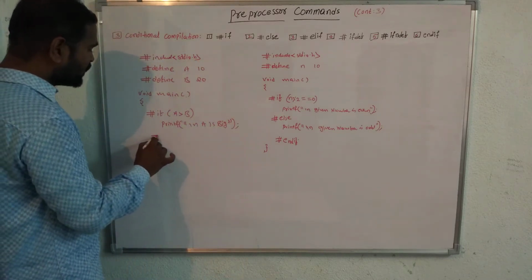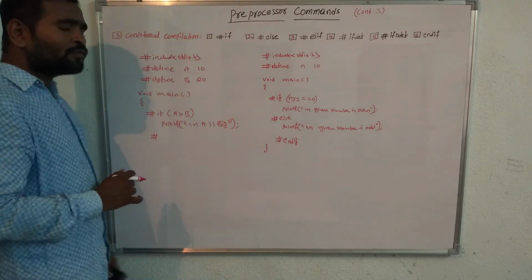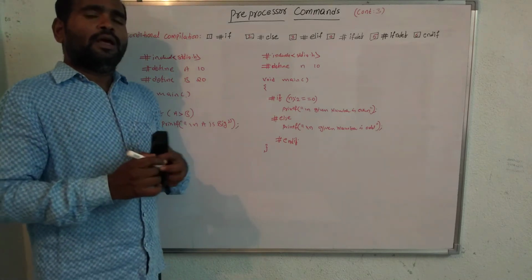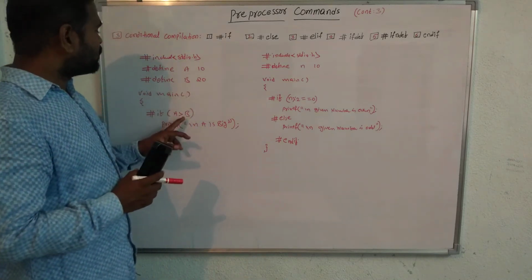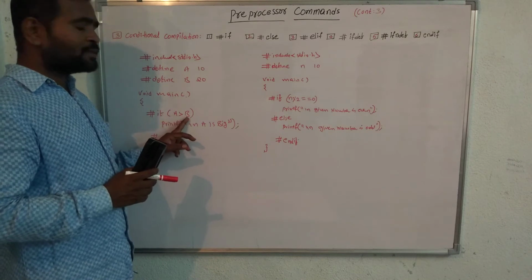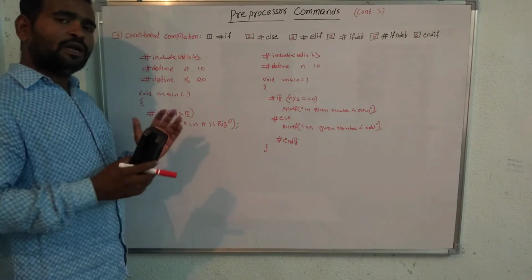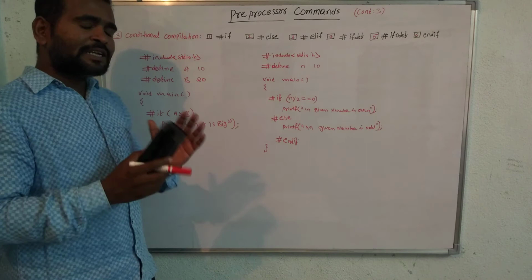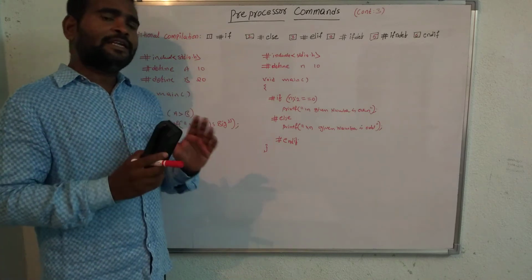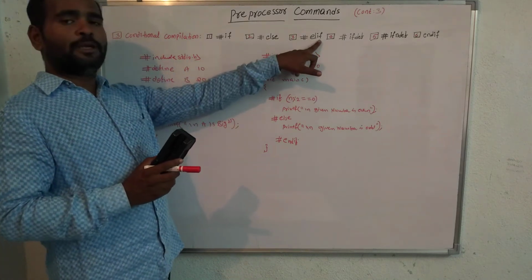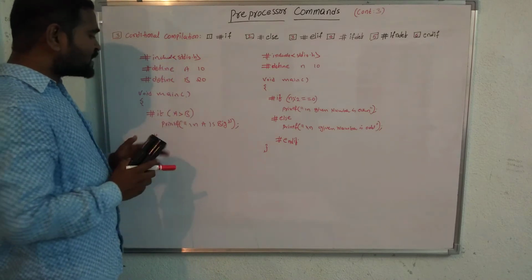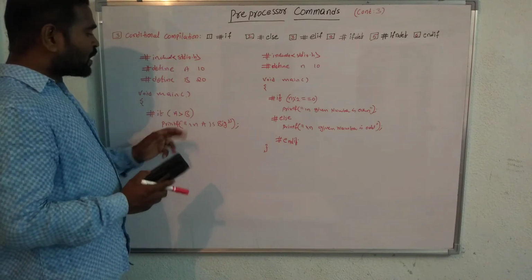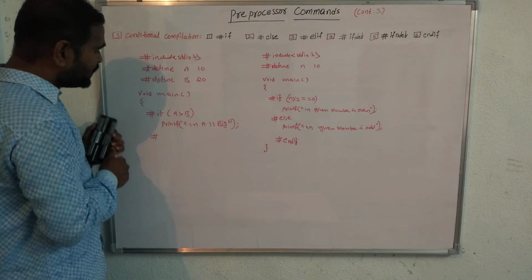Otherwise, if I want to find the biggest of a bigger than b, or b bigger than a, or both equal, there are multiple conditions, so we prefer the #elif statement. If it is not satisfied, then again check the next condition.